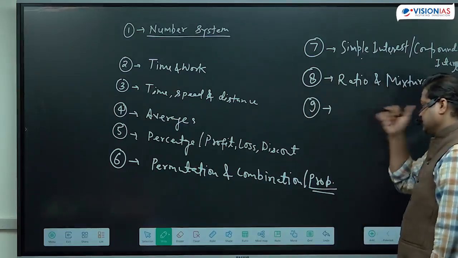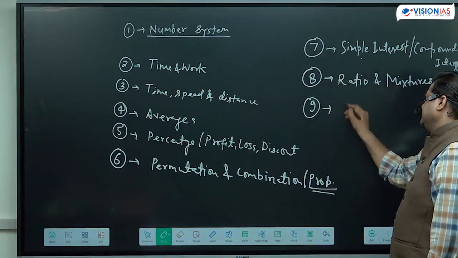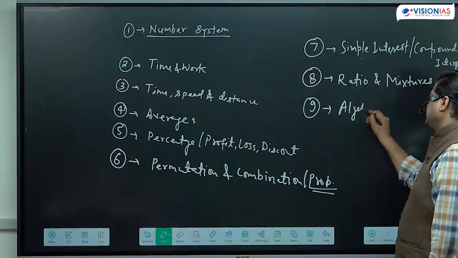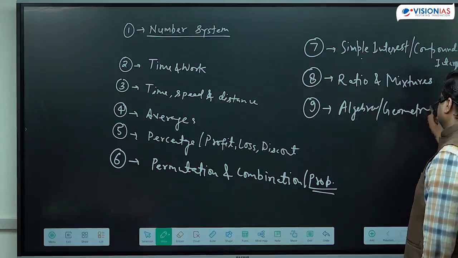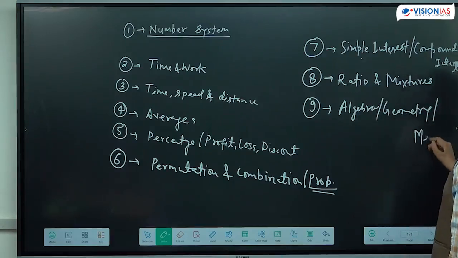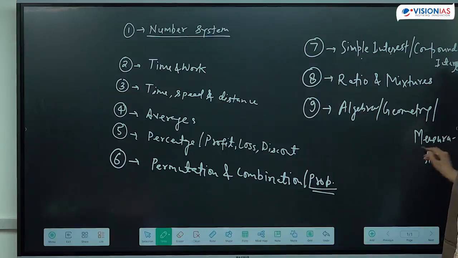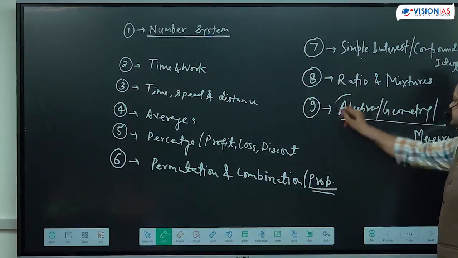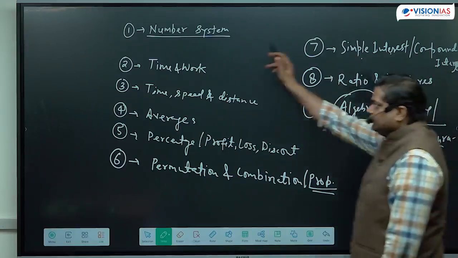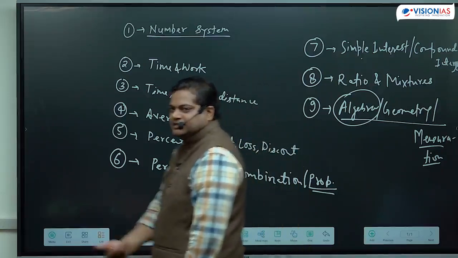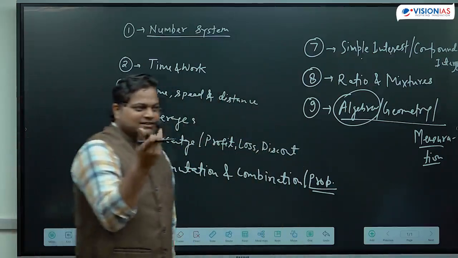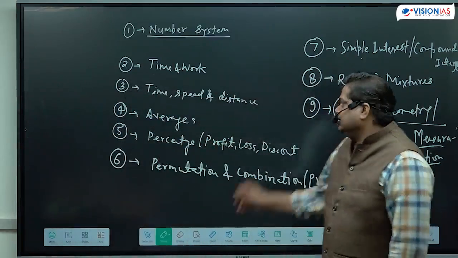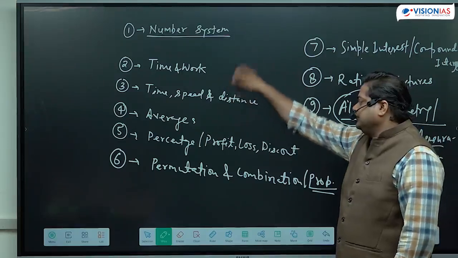Then we have this topic also, like we can say algebra, geometry, mensuration. But this algebra is applied everywhere in these topics also. जहाँ पे x y आ गया, we are assuming something, x y a b c d, algebra is there. तो ये everywhere in all these topics.